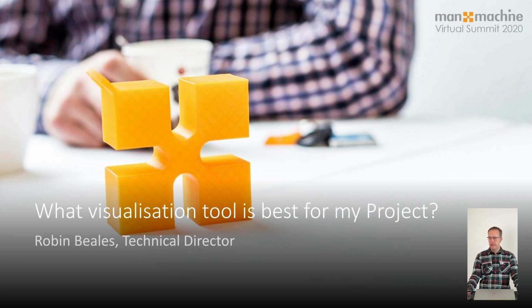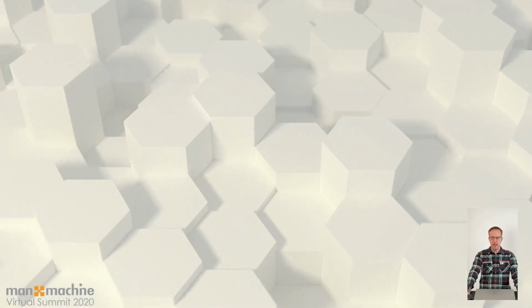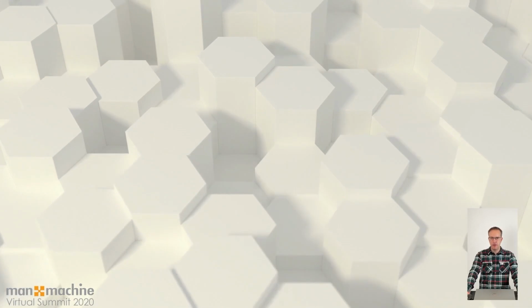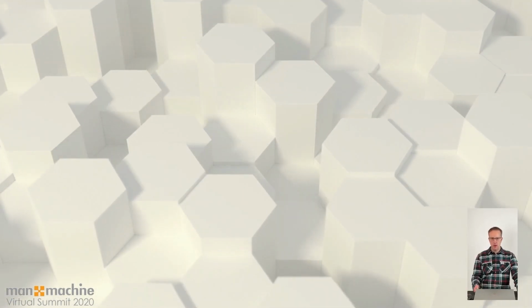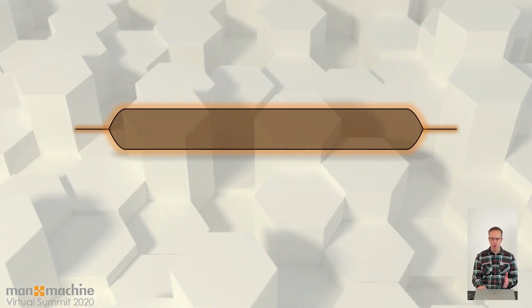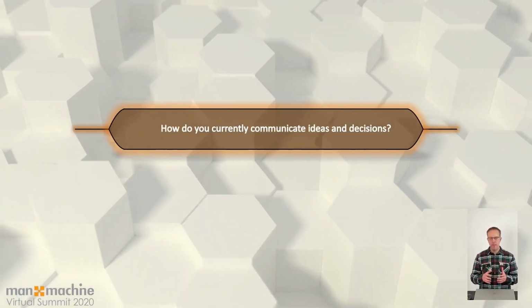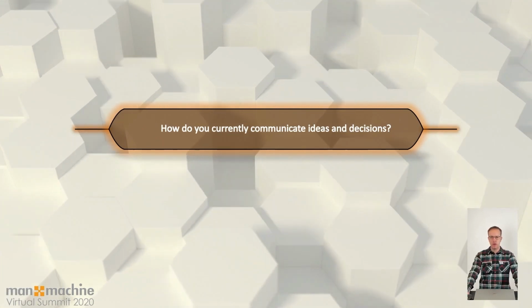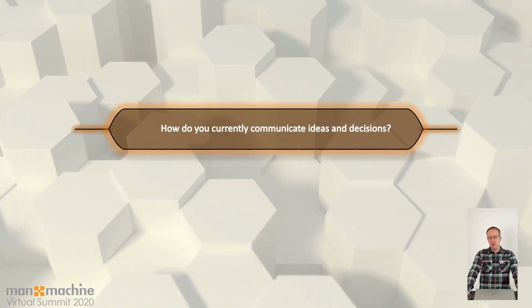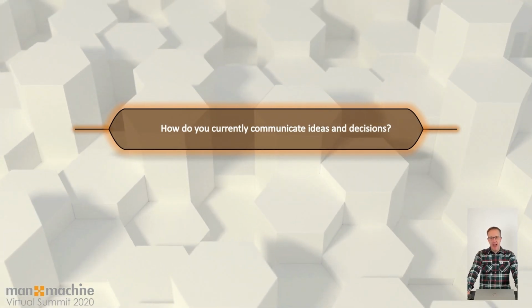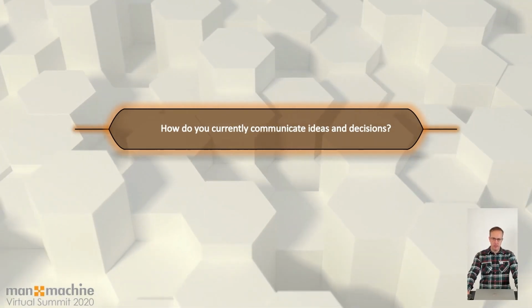So typically, I'm going to start this off with a question, mainly because I can, but secondly, I really want to engage you guys and see what it is that you're currently doing. So quite simply, at the moment, whether you're a one-man band or a large-scale organization, how are you currently visually communicating your ideas and design-based decisions?